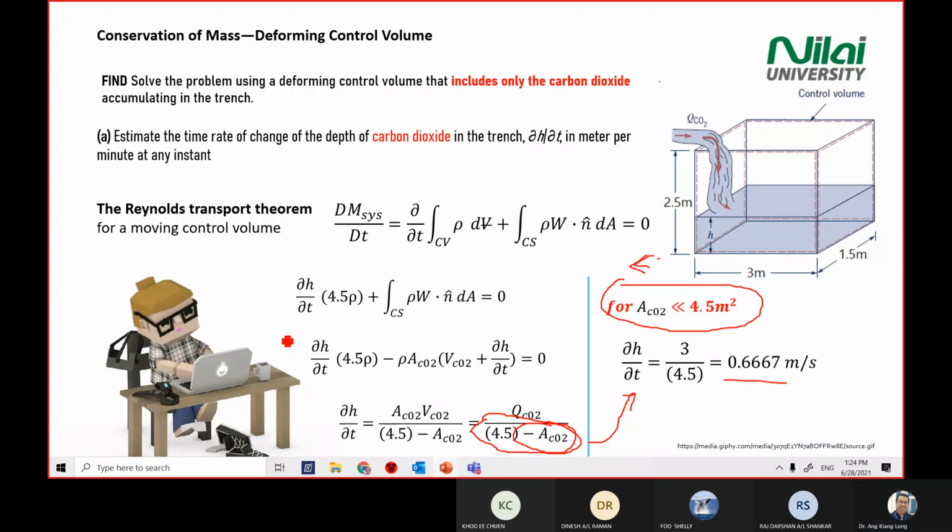Okay, so this is the assumption to continue solving. All right, so this is to find the answer in a fast way. You assume that the area for the CO2 is very, very small. Okay, then you get 0.6667.